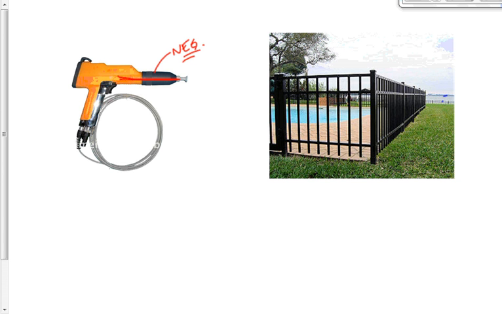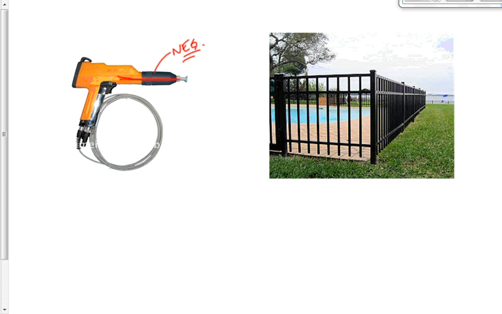Katie? It gets negatively charged. So now these tiny paint droplets are negatively charged. If it was a positive rod, they'd become positive, right? Okay. So now we get these paint droplets that are negatively charged.